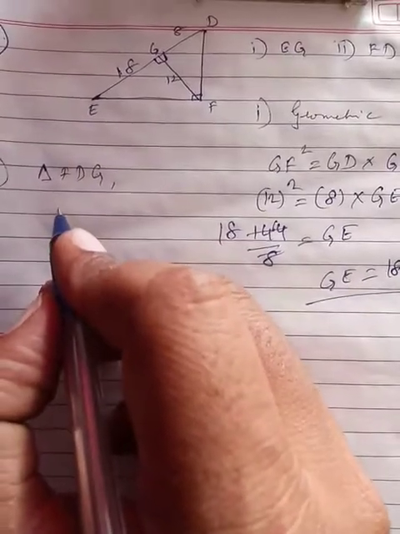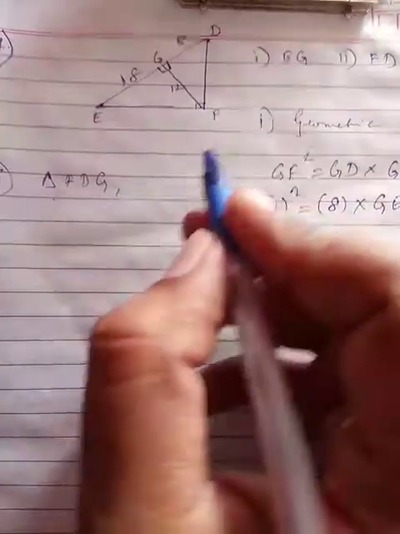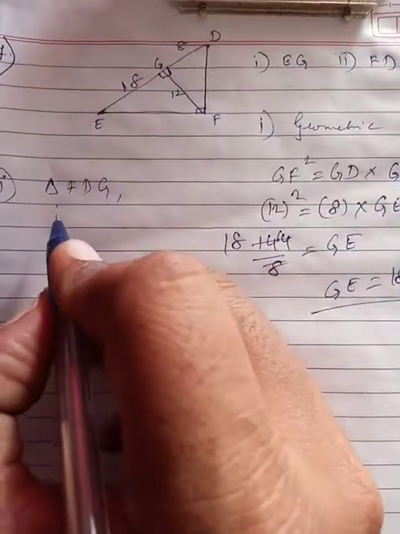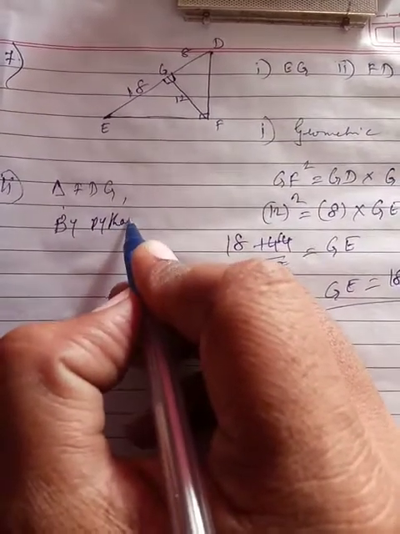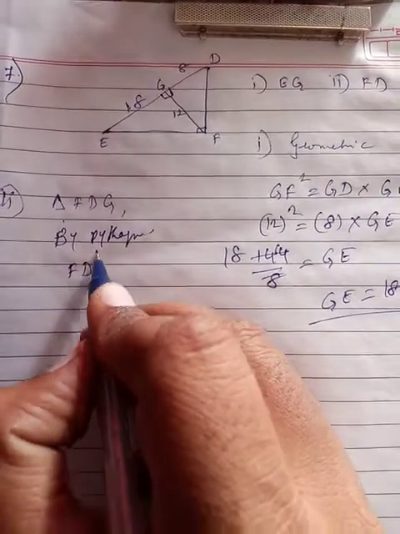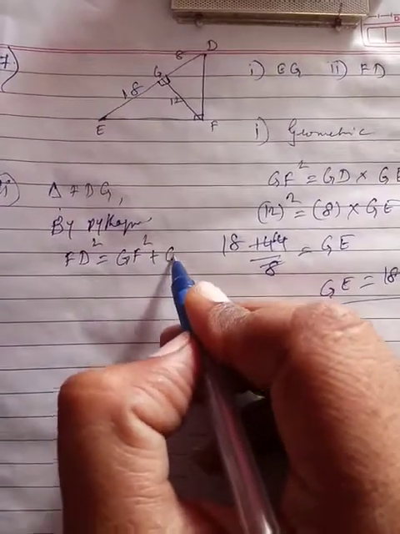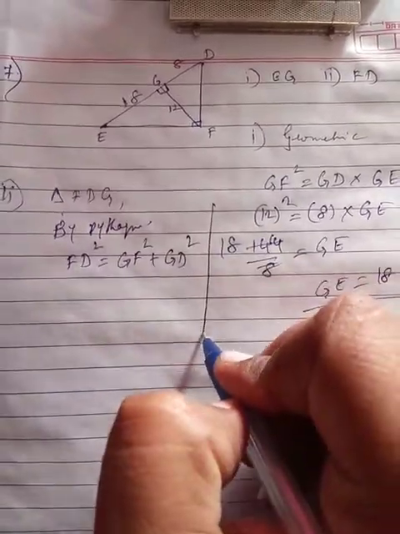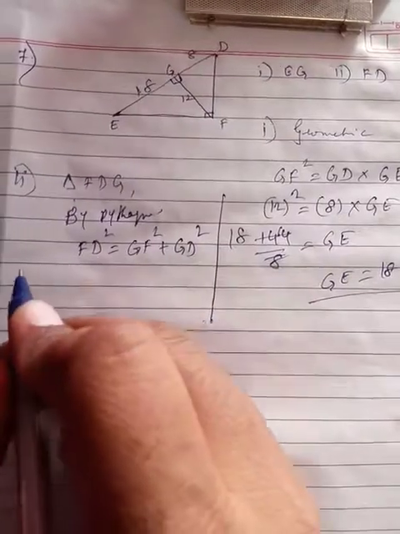So we can use the property of Pythagoras theorem. FD is the hypotenuse. So by Pythagoras, we get FD square is equal to GF square plus GD square. So that we can find FD.